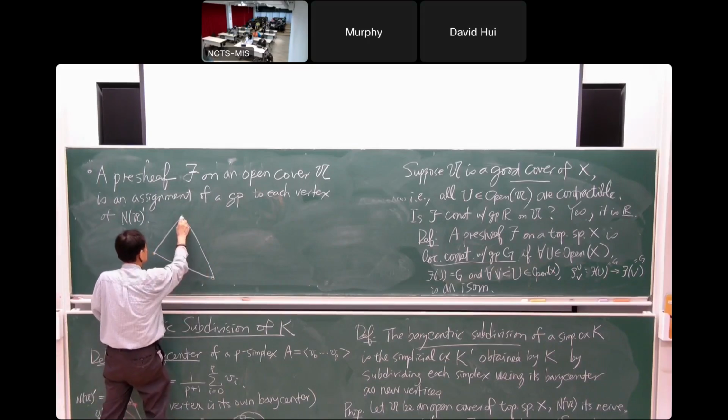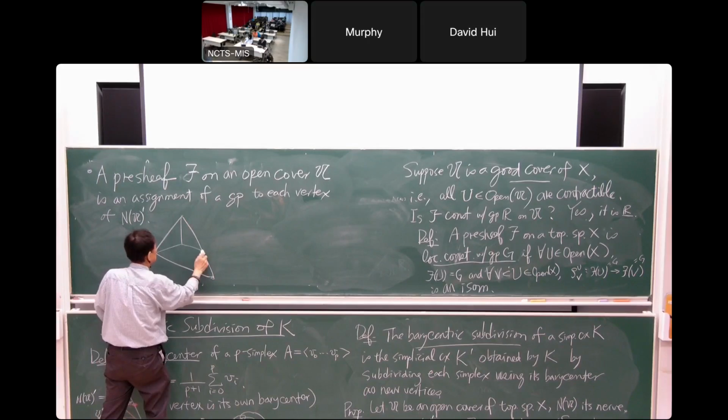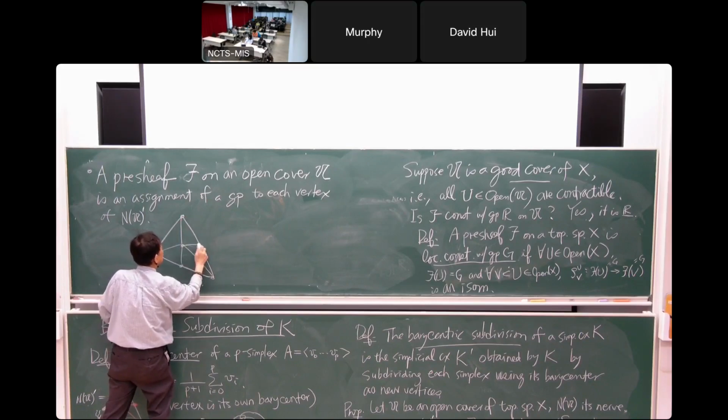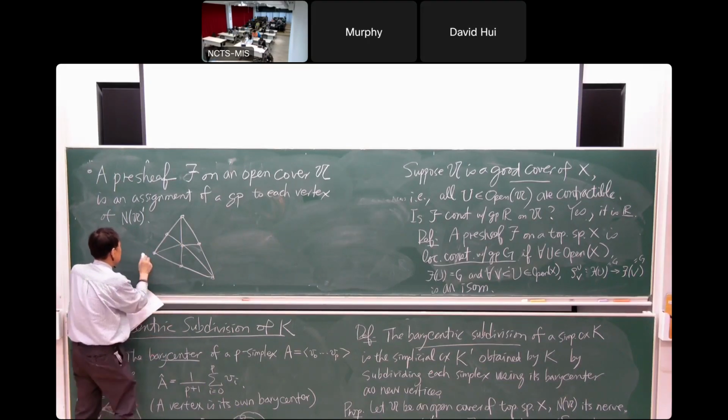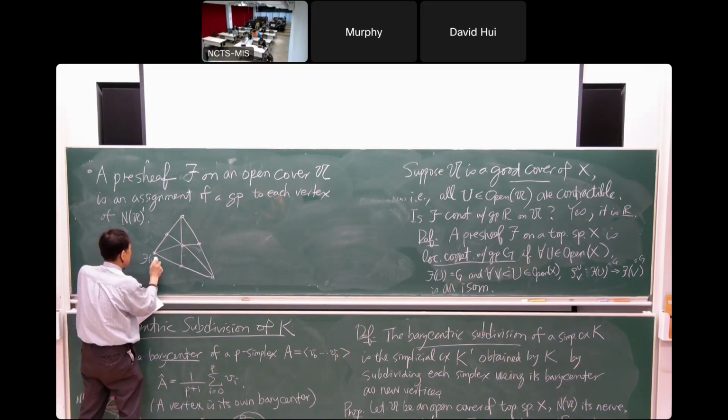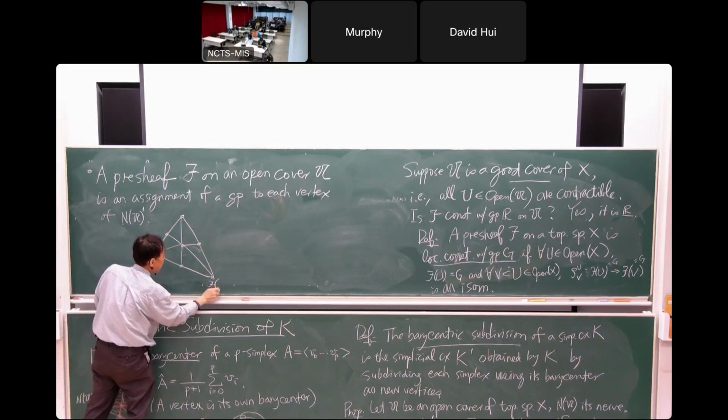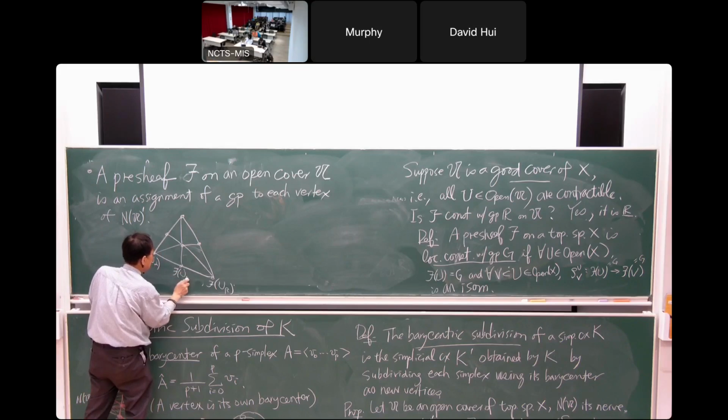Because the barycenters are precisely the non-empty intersections, alpha, beta.